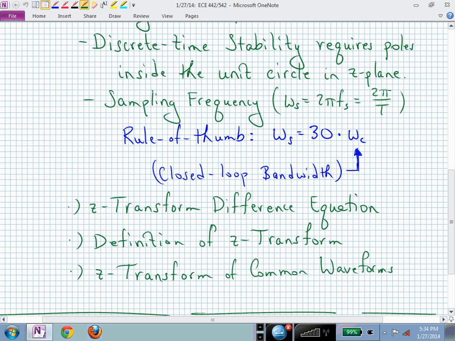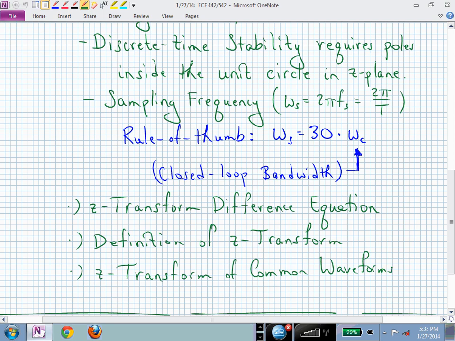If you know what omega sub c is, then you can immediately find omega sub s, and from this earlier expression relating the sampling period to the sampling frequency, you can solve for capital T and obtain the sampling period, which really gives you the sampling frequency, based on knowing the dynamics of the closed loop system, or the speed or the bandwidth of your system in the closed loop.